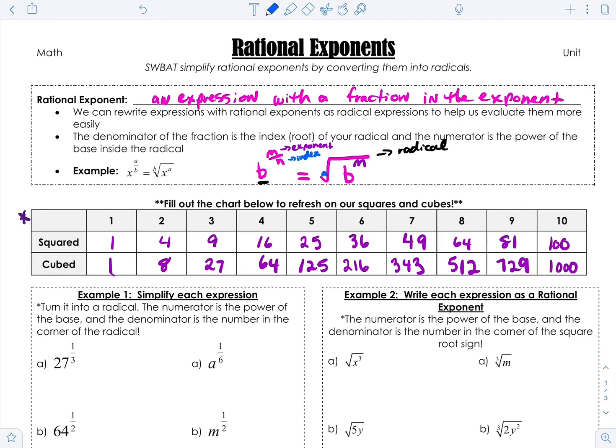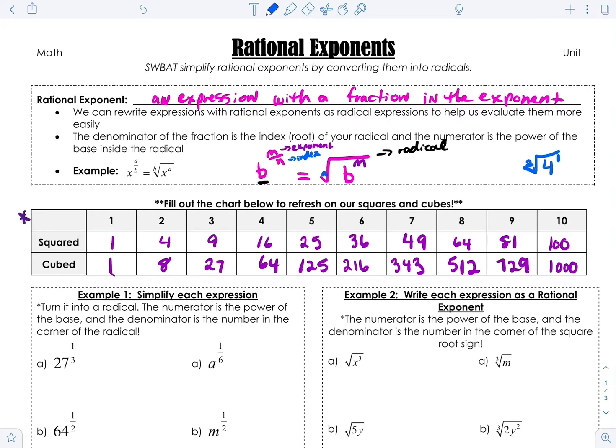We're actually used to this radical a little bit more than we think. If I give you this right here, you would say, oh, it's the square root of 4, and it is. But to say it's the square root of 4 means that the index is actually a 2, and our exponent is actually a 1.